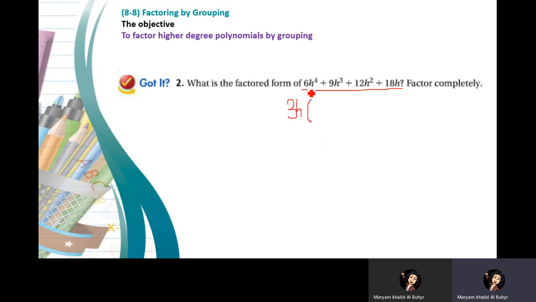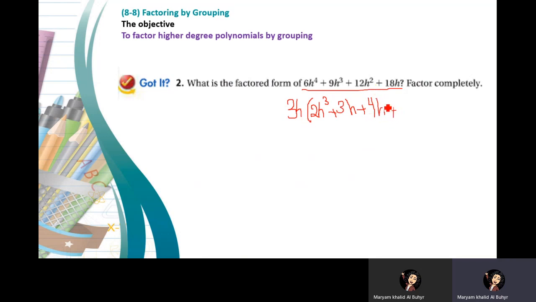So what is the remaining from this one? The remaining is 2h to the power 3 plus 3h plus, what is the number that when you multiply it by 3, you will get 12? 4h, only h to the power 1 because you already took 1 out.